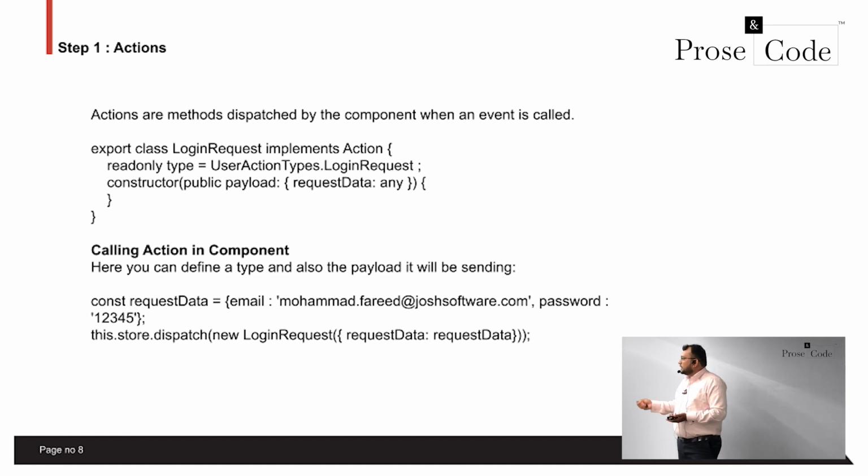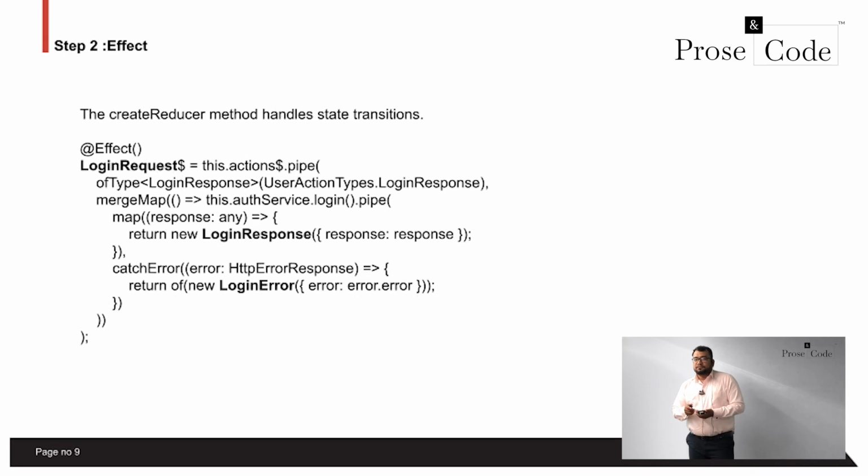How I am calling this action in my application is, in my component I create a store reference, and on that store reference I dispatch my action. My action accepts the payload like email and password. When I run this command, it will hit the login action from my component. From here it will initiate that effect.